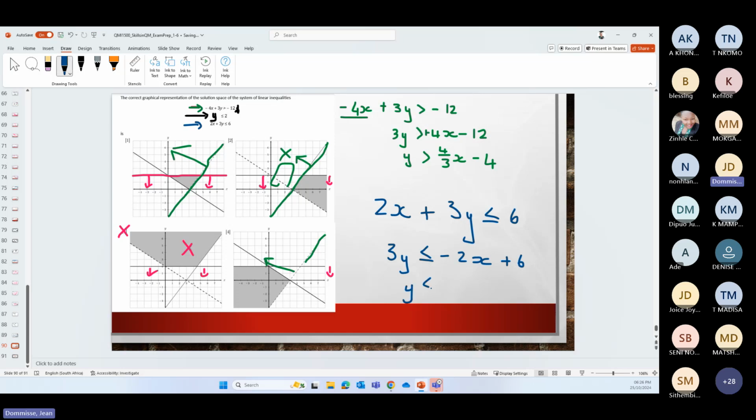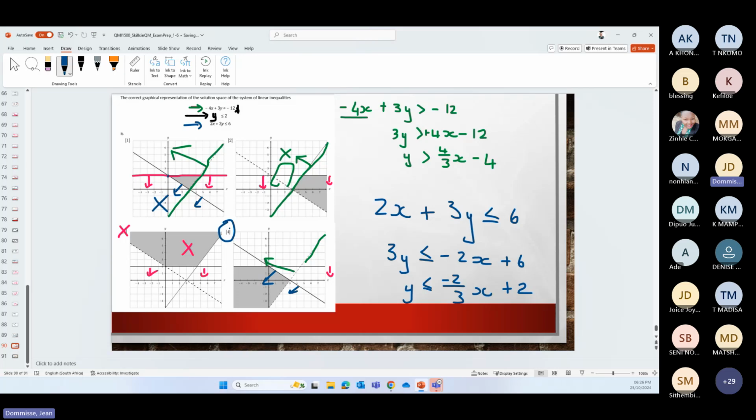Again, if we divide by 3, this is what it becomes. So then we look at where it goes through 2. So we see it is this line. It must be smaller. So there's nothing there. It's above. So that one is wrong. Here we see it is below. So option 4 would be the correct one.